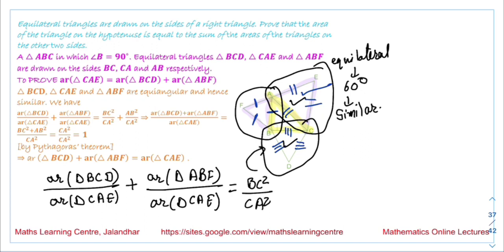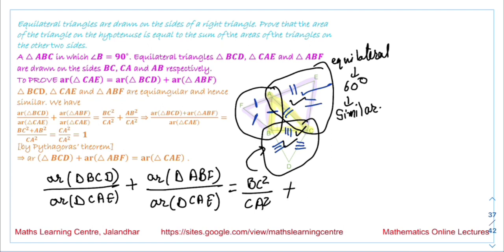This result we have already studied, that the ratio of the areas of two similar triangles is equal to the ratio of the squares of their corresponding sides. All these triangles are equilateral triangles, so the side we are considering for this triangle is BC, and for this triangle is AC.